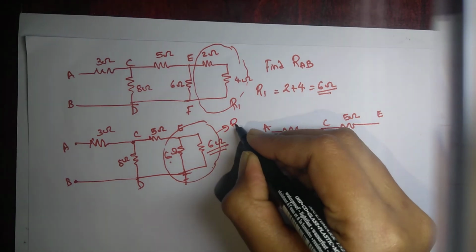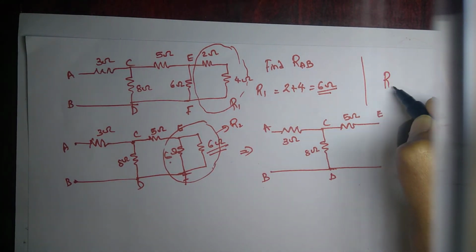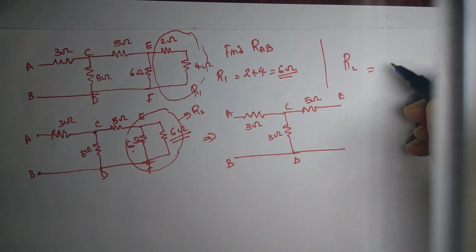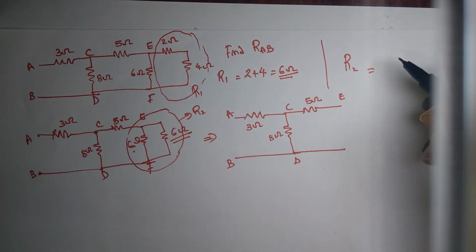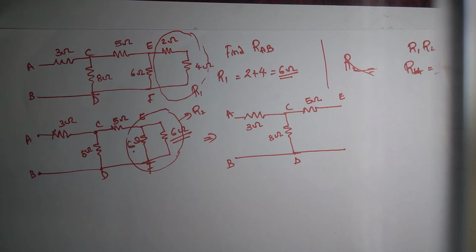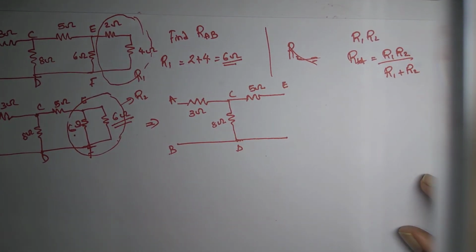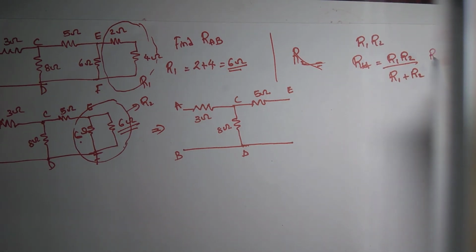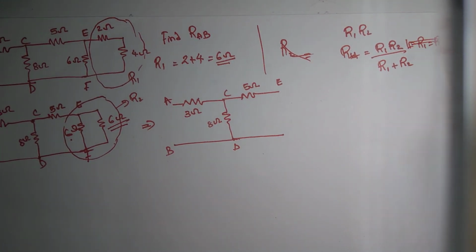This 6 ohm and 6 ohm, I call it R2. So what is my R2? If I have two resistances R1 and R2 in parallel, then my total resistance will be equal to R1 R2 divided by R1 plus R2. I know you know this equation because we have already discussed it.